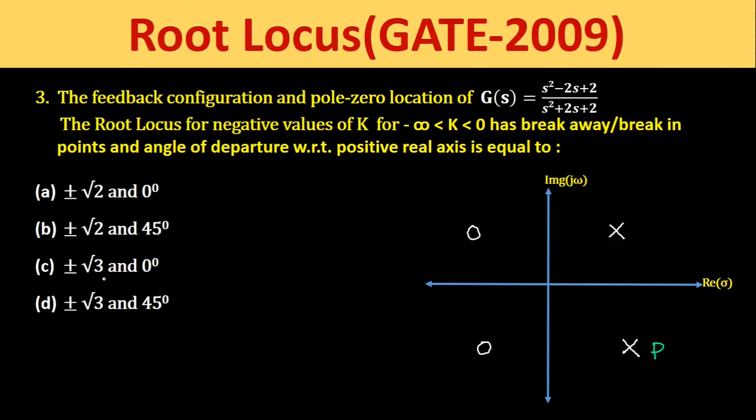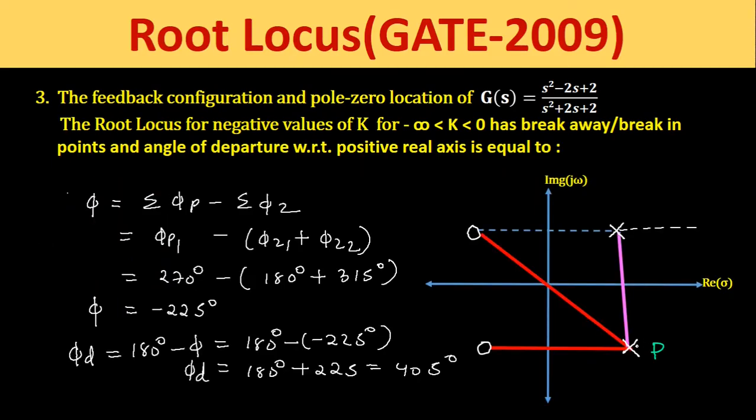But in the options, we are given only 45 degrees or 0 degrees. So how do we find which option is correct? If we draw a line like this and measure this 405 degrees, it will take this whole 360 degrees, and then this 45 degrees.